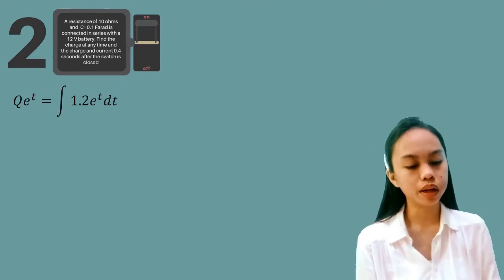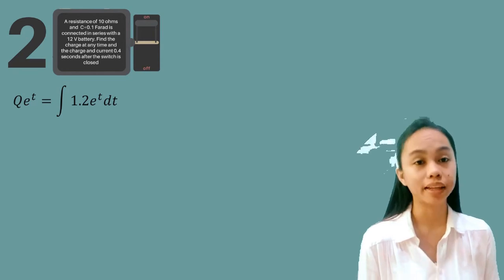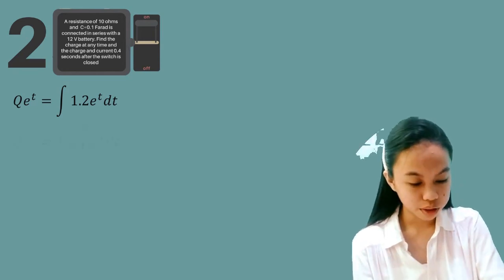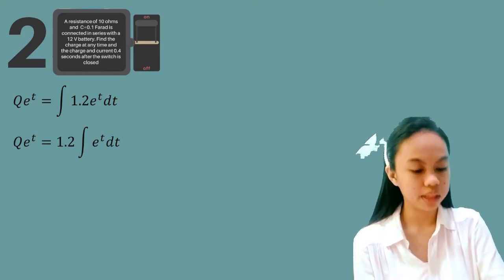Then we transpose 1.2 to the outside of the integral sign. So we have q e raised to the power of t equals 1.2 integral of e raised to the power of t dt.